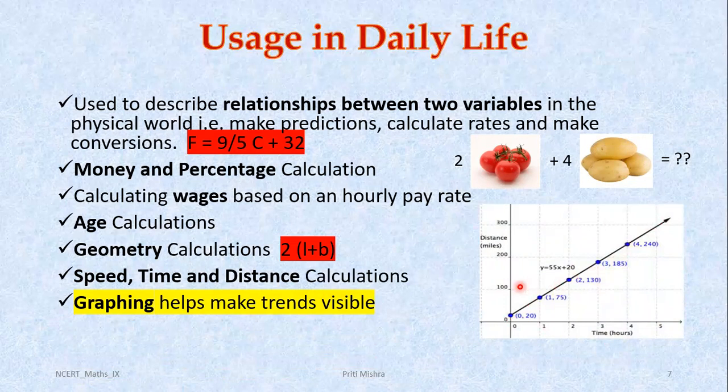Actually, any linear equation in two variables represents a straight line on a graph, or you can say the geometrical representation of a linear equation in one variable or in two variables makes a graph. And a graph always makes things easy to understand in less time. So here we are using linear equations in two variables or one variable in graphs. So all these are various different uses of linear equations in our daily life.